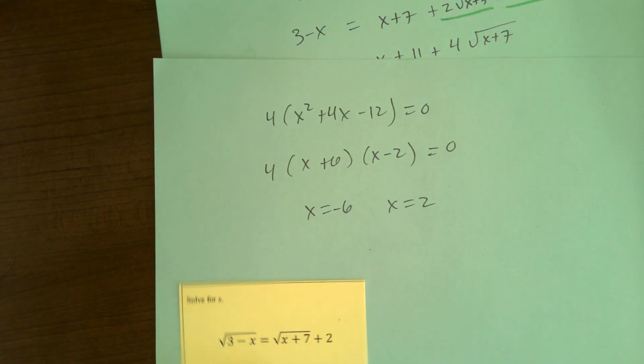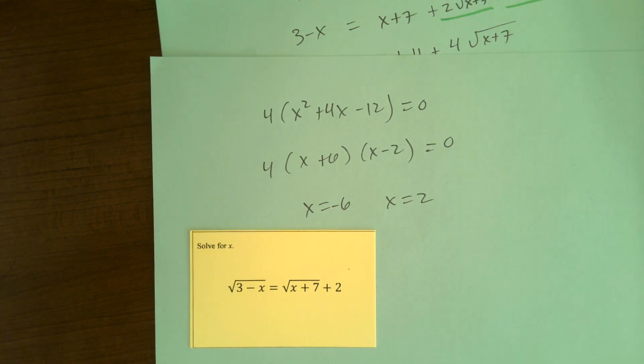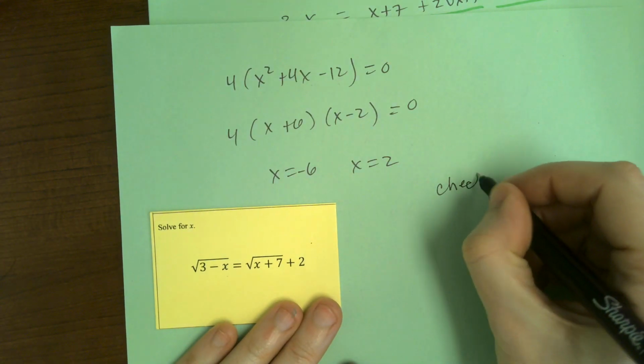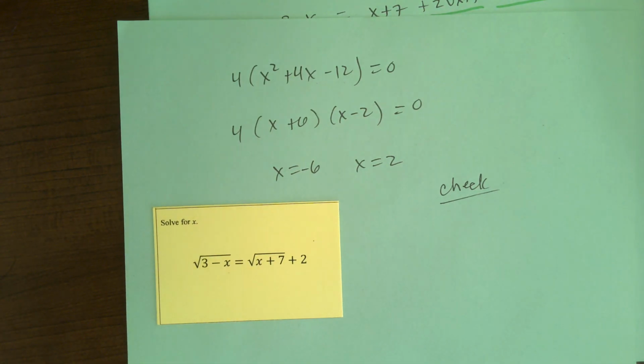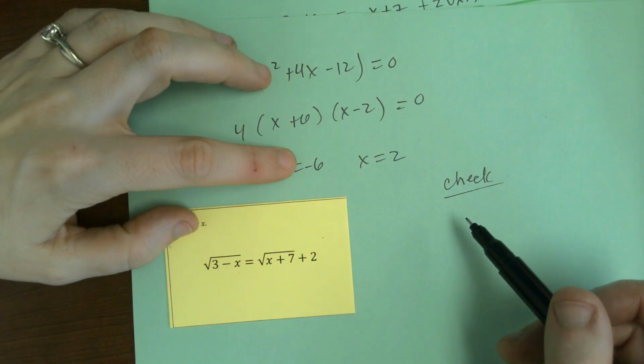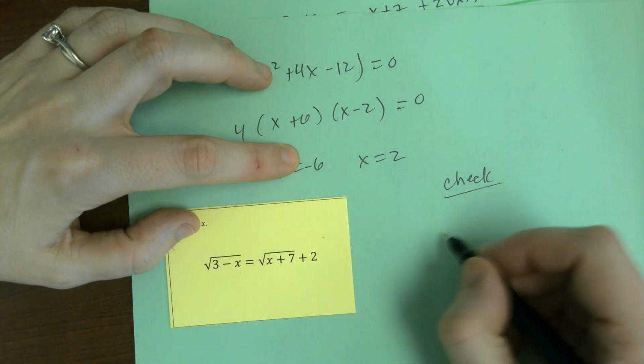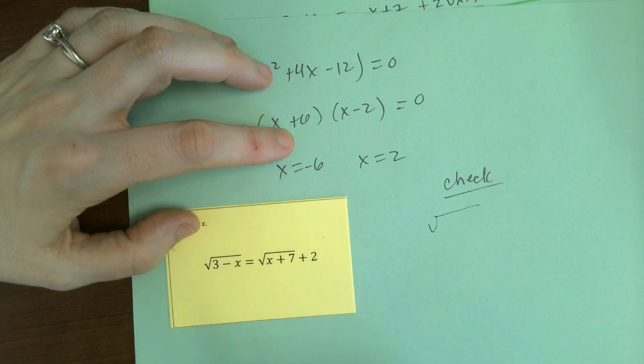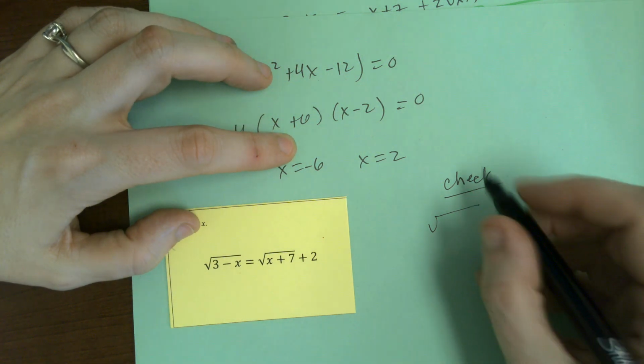Now, guys, we have to check this. Okay, so here is the check. And unlike the logs, we want to do a full check here, plug it in, see if you get the same number on both sides of the equation. All right, plugging in negative 6, I'm getting the square root of 3 minus negative 6, which is 3 plus 6.